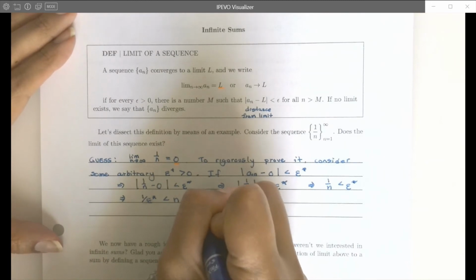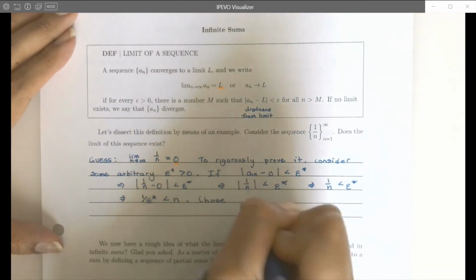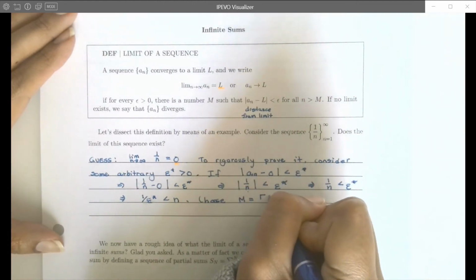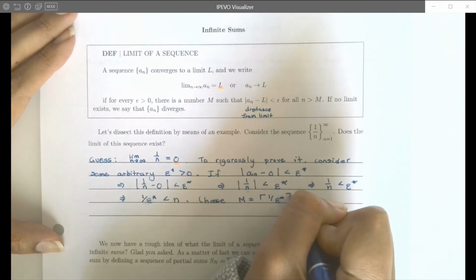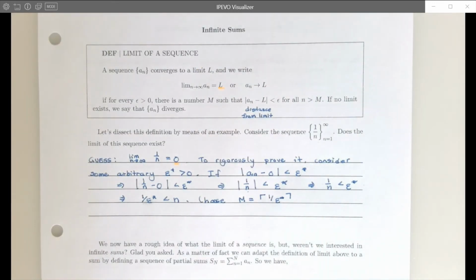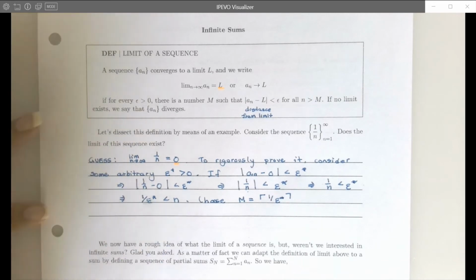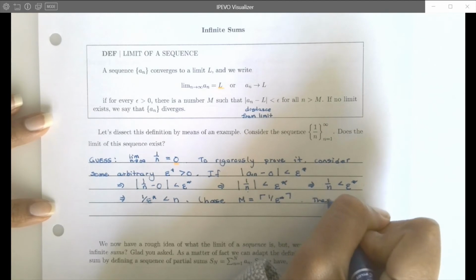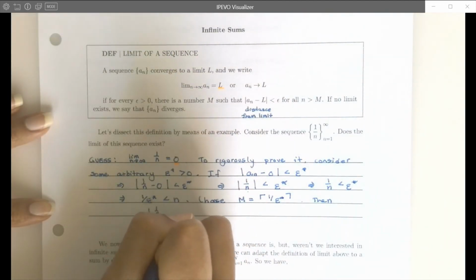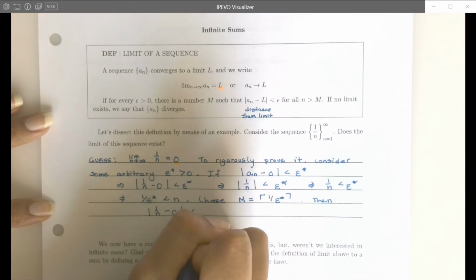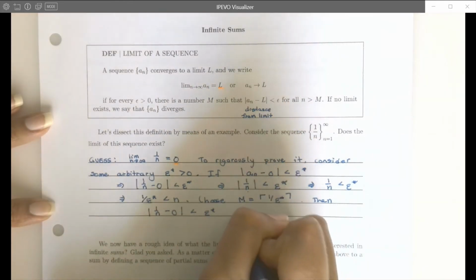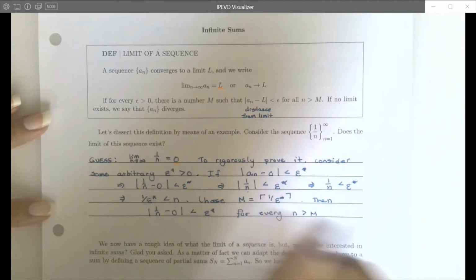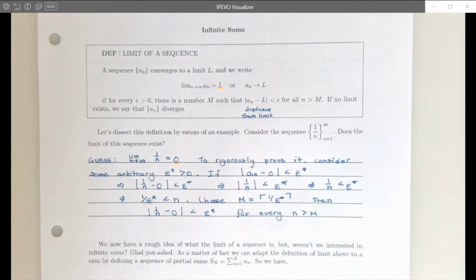Okay, so choose m equal to the ceiling of 1 over epsilon star, just to make sure that it is larger than this ratio. Then 1 over n minus 0 will be less than epsilon star for every n greater than m.